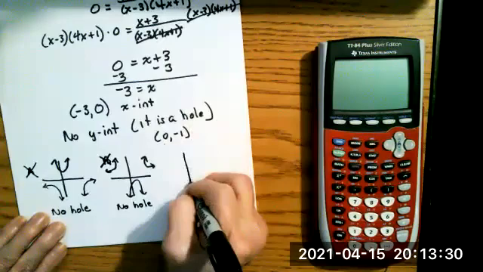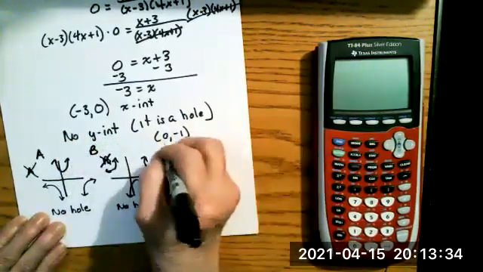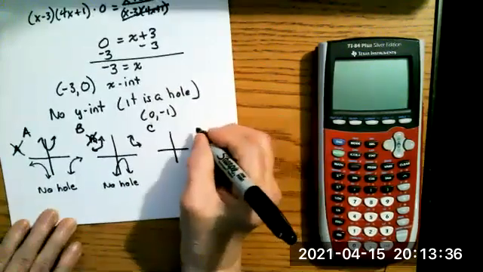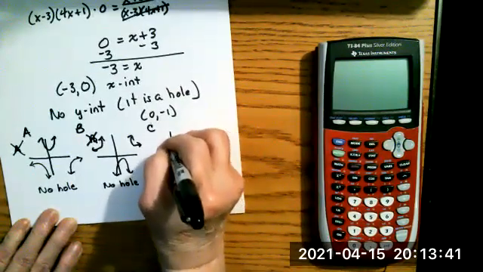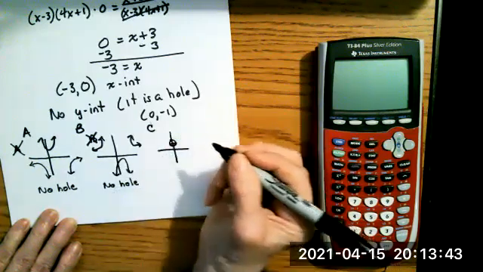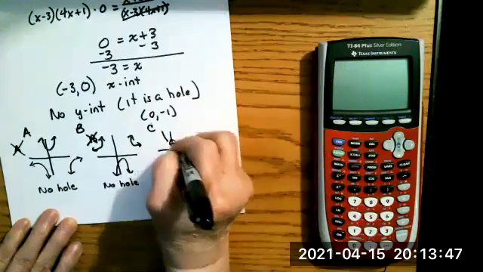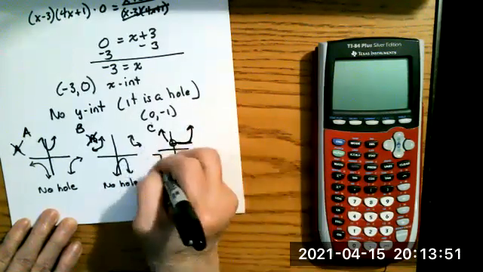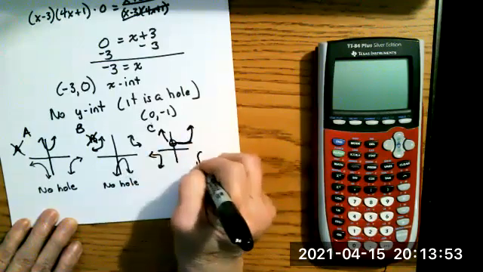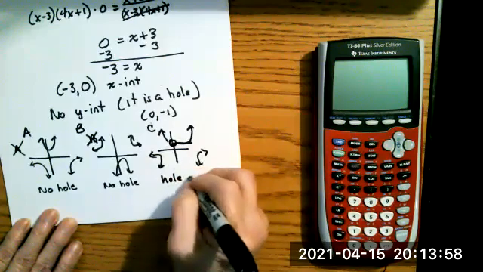This is A, this is B, this is C. C has a hole in the graph, but the hole is at 0, 1, not at 0, -1. So it comes down like this, and it comes this way and this way, but the hole in the graph is in the wrong place.